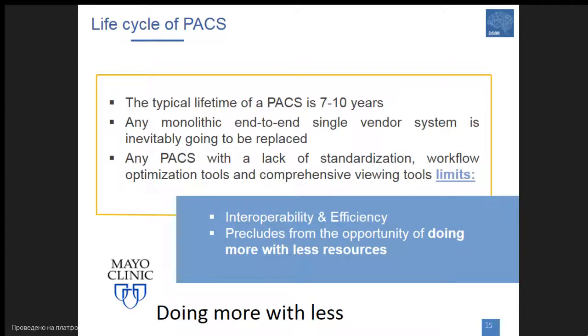And if you have a PACS which lacks standards, workflow optimization tools, and comprehensive viewing tools, it will limit your work, it will limit interoperability, efficiency, and preclude the department and the hospital from doing more with fewer resources.